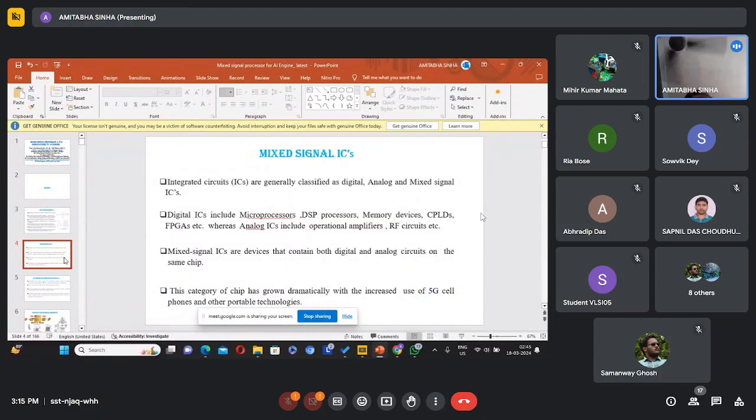We know that integrated circuits are generally classified as digital, analog, and mixed signal ICs.